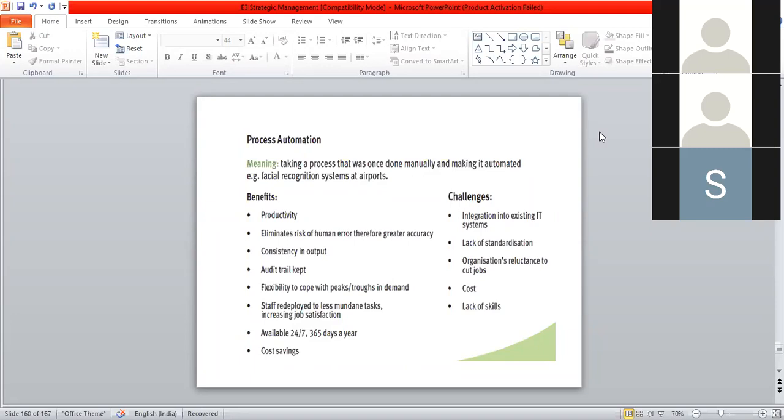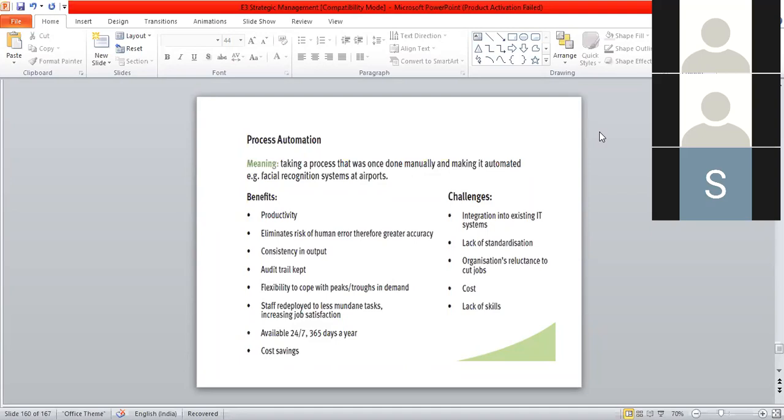What was looked at as an advantage, if some of them are not skilled in any particular aspect, if they can only do these mundane jobs, then they would be losing their job. So that is looked at as a disadvantage. And if they are going to lose their jobs, if the organization doesn't want to lose its employees, then it is difficult to implement automation in the organization.